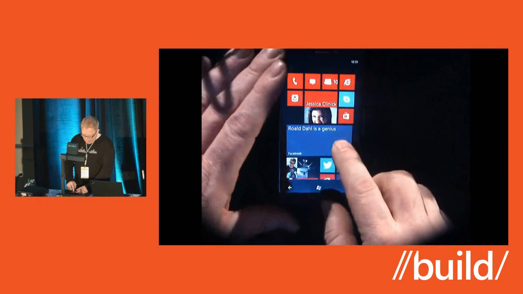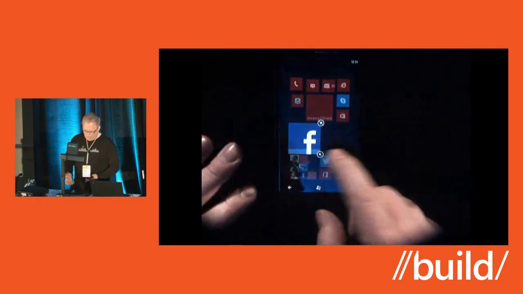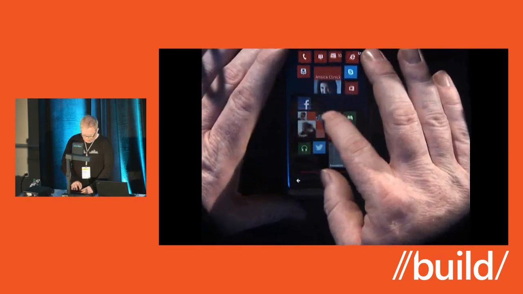So it gives you my latest status message as it flips over. Roald Dahl is a genius, if anybody was unaware of that. And I can make this smaller, so medium size. And if I have notifications, they would show up automatically there. So I'm going to make it small again. I won't attempt to do that.